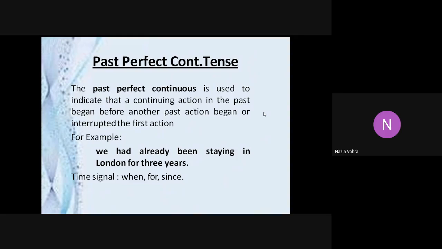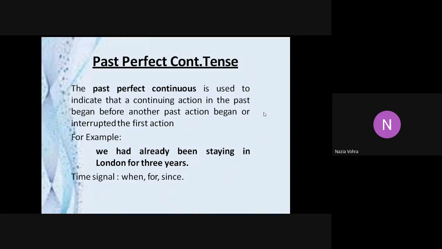But we don't use such statements in our regular day to day life. We had already been staying in London for 3 years. So what is happening here? What is the first action? It's nothing but that for 3 years we are staying in London is what I want to say. Nothing difficult.